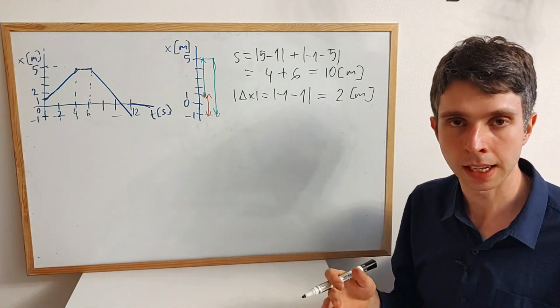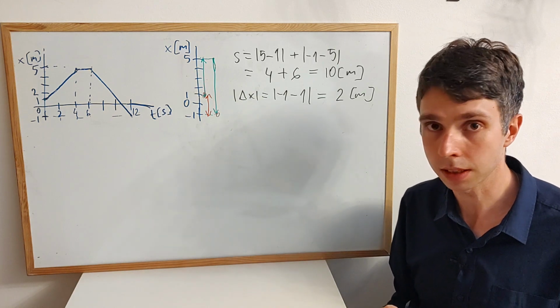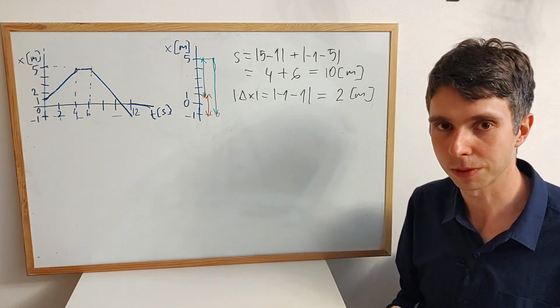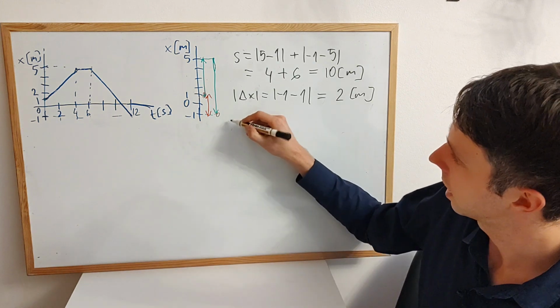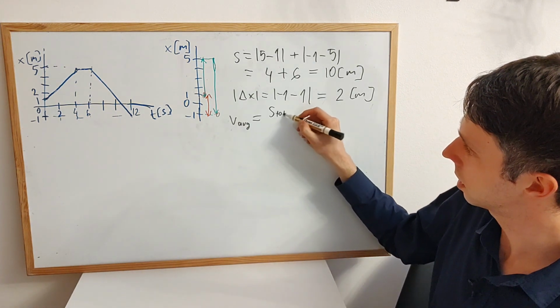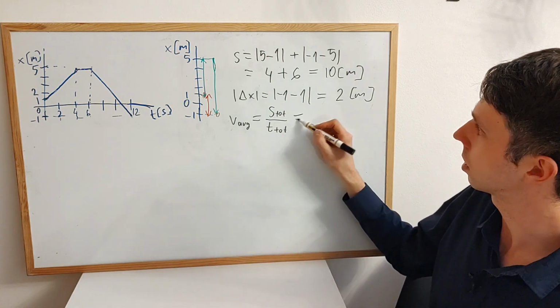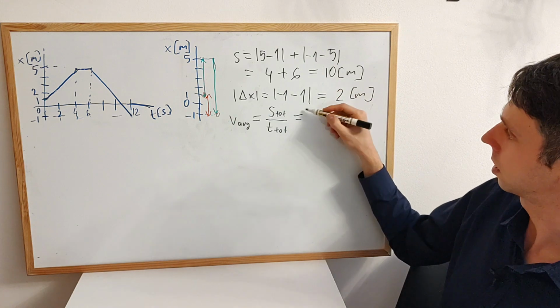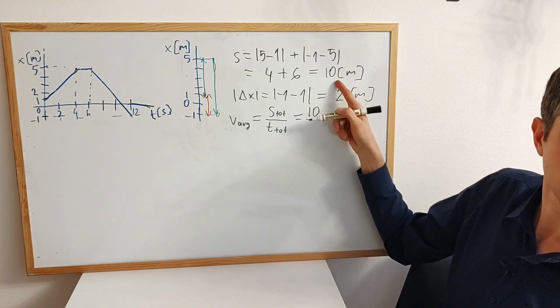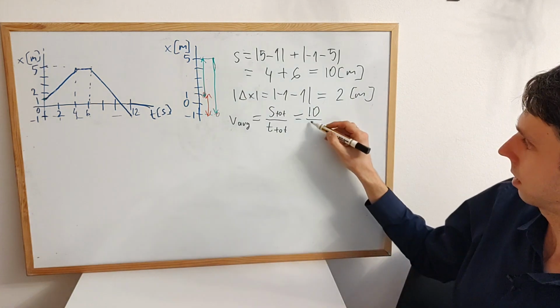Okay? Next, calculate the average speed of the object in this motion. So again, as in the problem with the tourist, which I discussed in one of my previous videos, average speed is total distance divided by total time. So total distance is 10 meters, as we calculated here. Total time is 12 seconds.